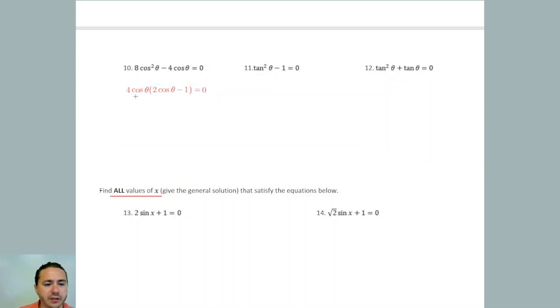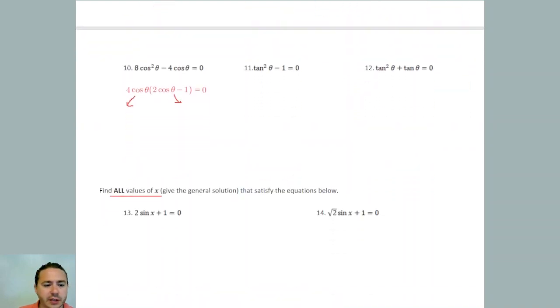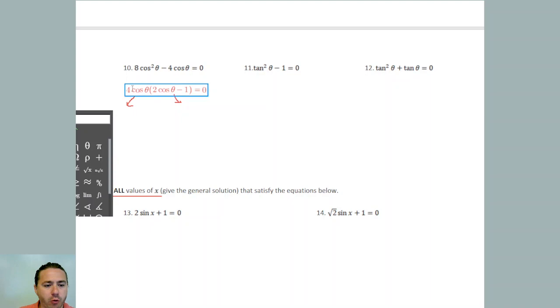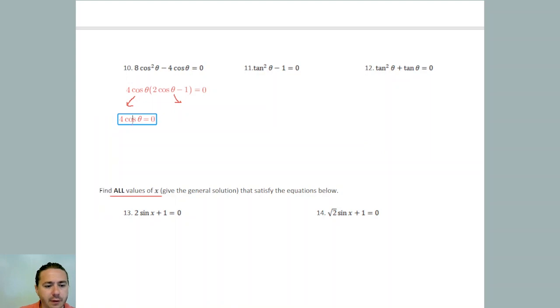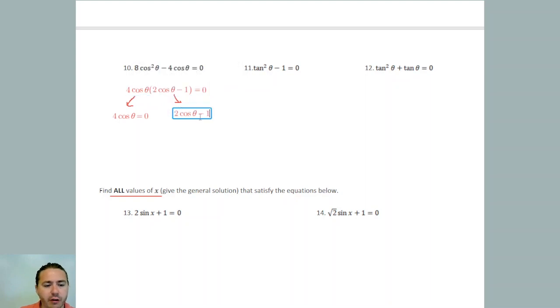Okay, so again, we're going to split this up using the zero product property in the same way that we split up this, right? We set each factor equal to 0. So we'll set each of these equal to 0, and if I have 4 cosine theta equals 0, and I have 2 cosine theta minus 1 equals 0, then whatever angle measure will make either one of these true is true for the whole thing.